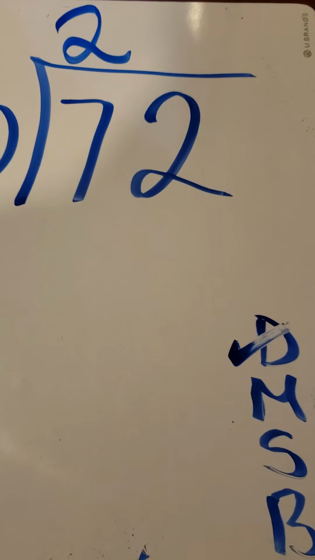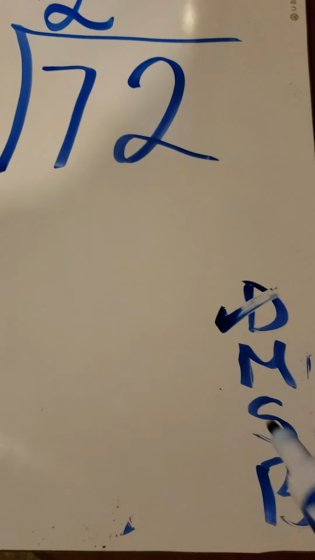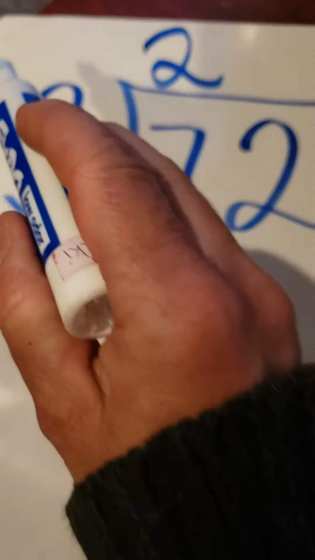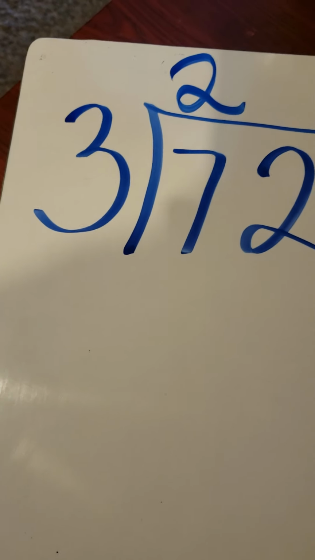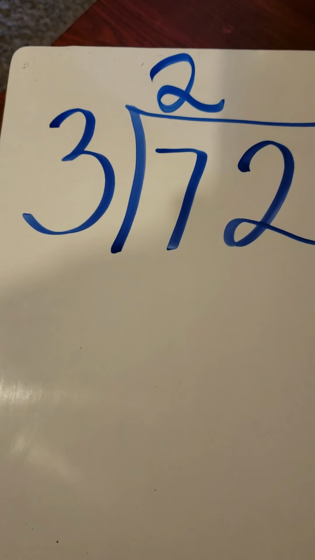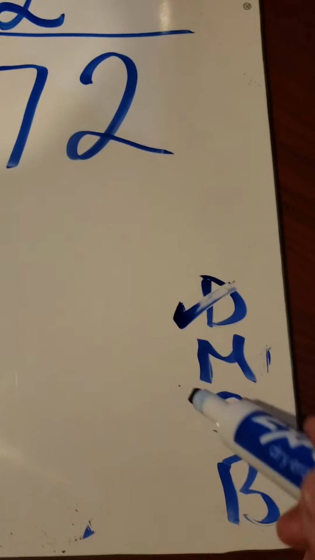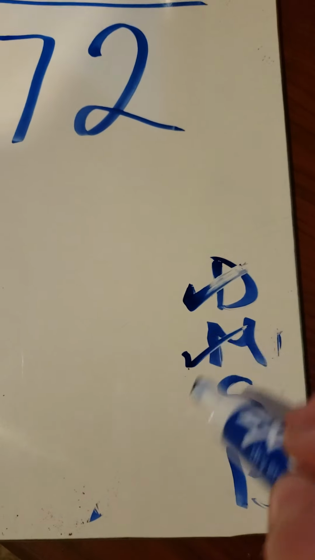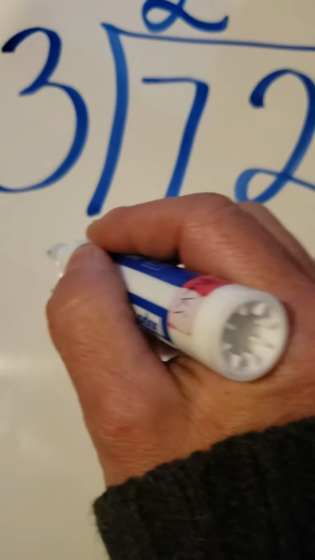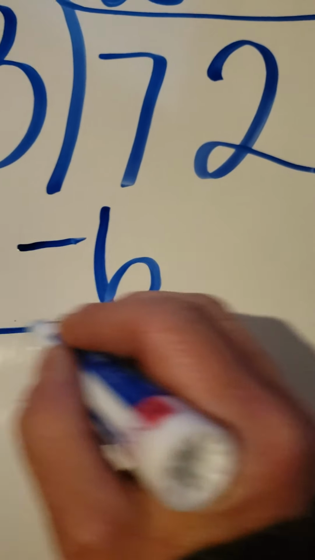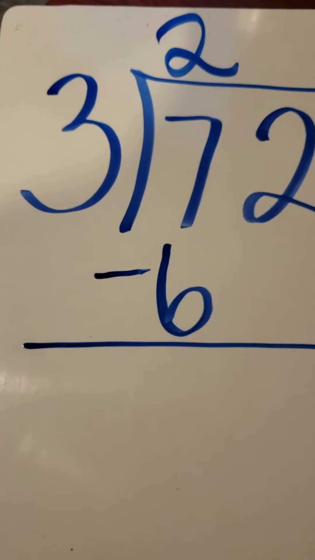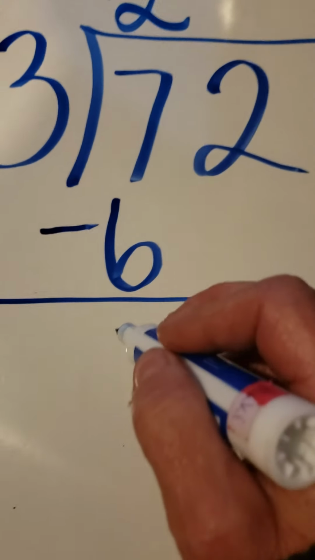There's your divide step. I know it's not perfect fit. Remember, we're going to get to that. Now you're on your multiply step. What is 3 times 2? 3 times 2 is 6. You've got it. Remember, your multiply and subtract steps work really close. You're going to take 6 away from here. 7 take away 6 is 1.